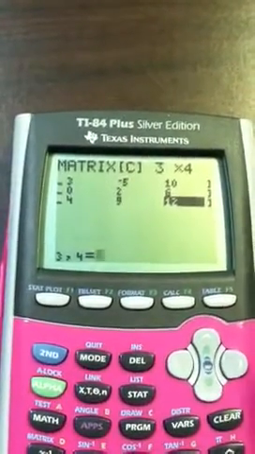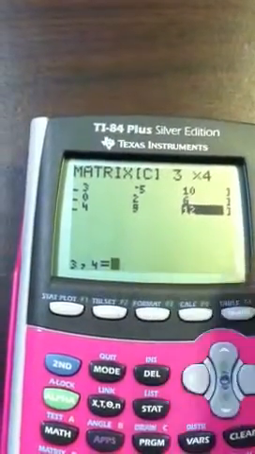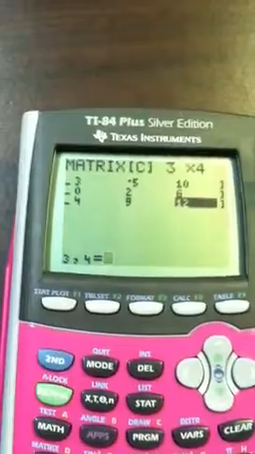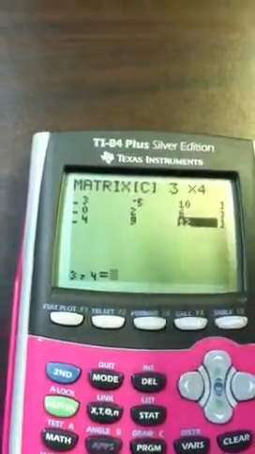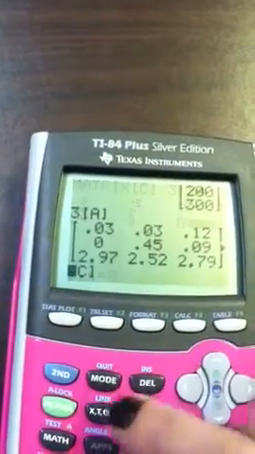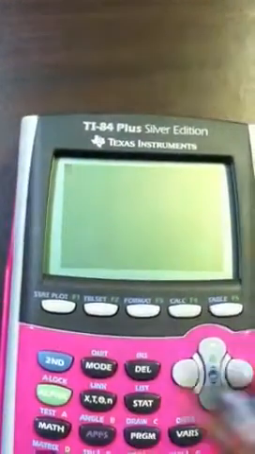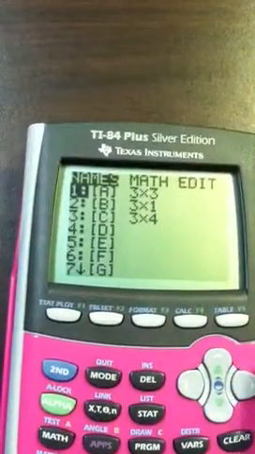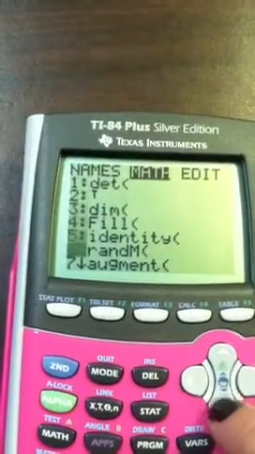If I had done this operation, it would have actually input my mathematical equation into this spot here, the 3, 4 spot. So what I need to do first is exit out of here. So I'm going to go ahead and clear this out. Okay, now I'm going to go back. Sorry about that, but that is a common mistake, so maybe it's not so bad that I showed you that.